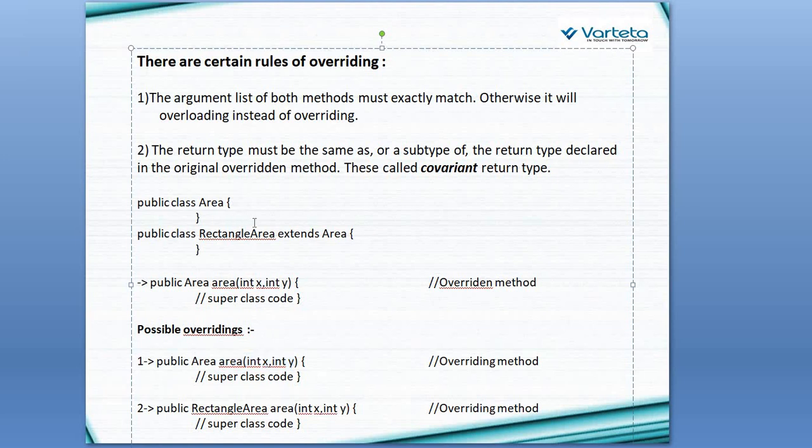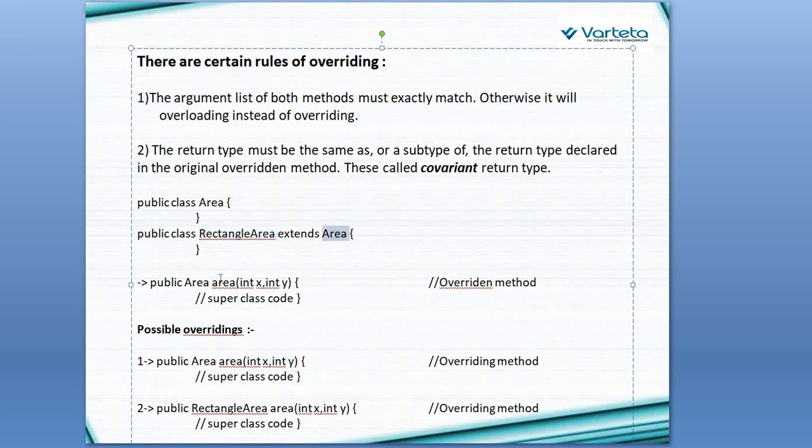Second rule, the return type must be the same or a subtype of the return type declared in the original overridden method. That is also called covariant return type. We'll understand it with one example. Suppose there is a class Area and there is another class RectangleArea that is extending the class Area.